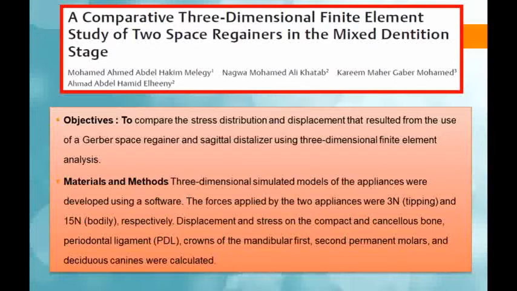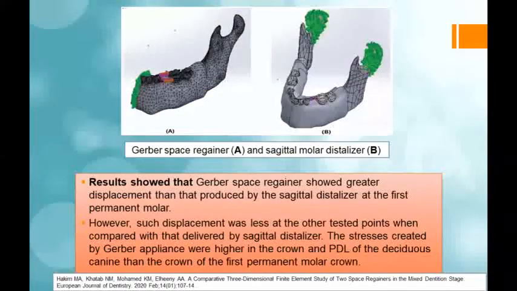In material and method, three-dimensional simulated models of the appliances were developed using software, and the forces applied by the two appliances were 3 Newton and 15 Newton, that is tipping and bodily respectively, and displacement and stress on the compact and the cancellous bone, periodontal ligament, crowns of mandibular first and second permanent molar, and deciduous canine were calculated.